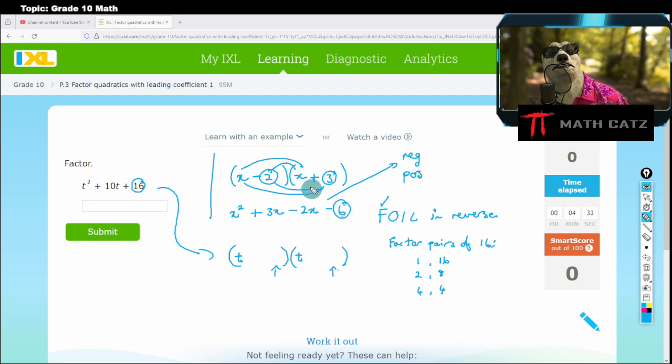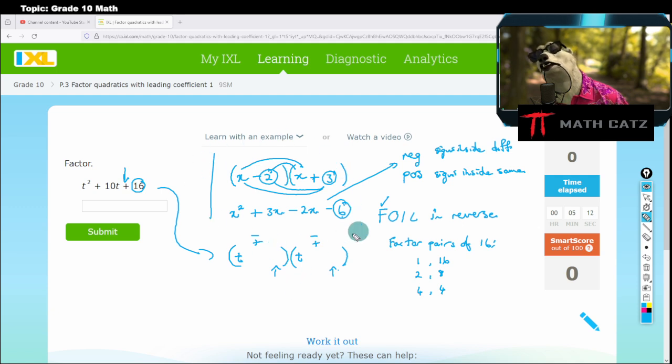So here, this sign over here, if it's negative, then the sign inside the brackets must be different. If I'm going to get a positive here, the signs inside have to be the same. So it's either a plus and a plus, or it's a minus and a minus.